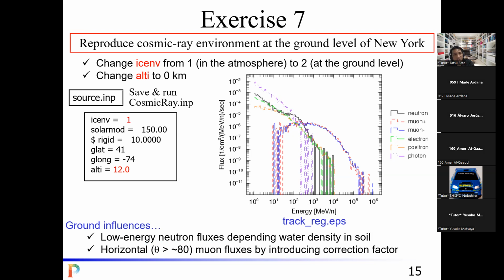Then you can estimate the ground level neutron flux at an altitude of 3.776 kilometers. But anyway, now let's assume sea level. So let's change these two parameters, run FITS, and check the difference of the flux.